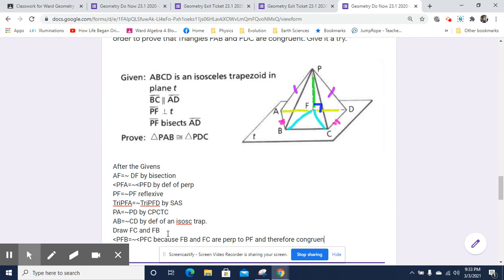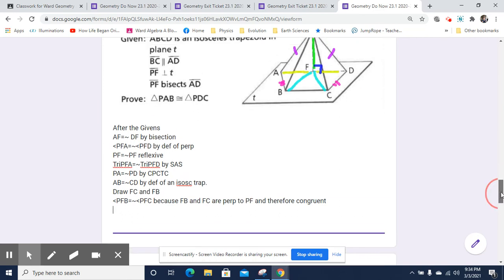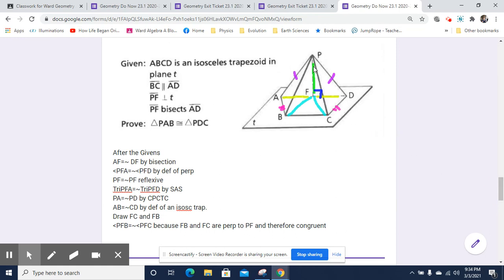Right angles are congruent to each other. Okay, so we can identify that this angle and this angle are right angles, but we're going to come back to that.